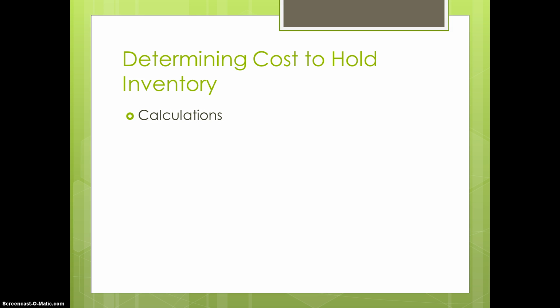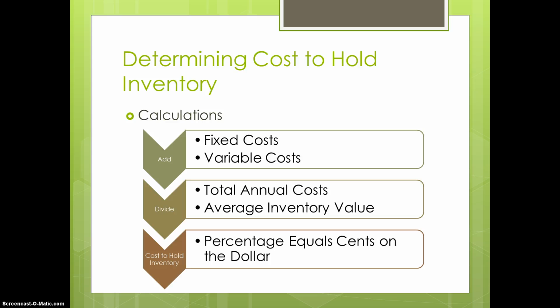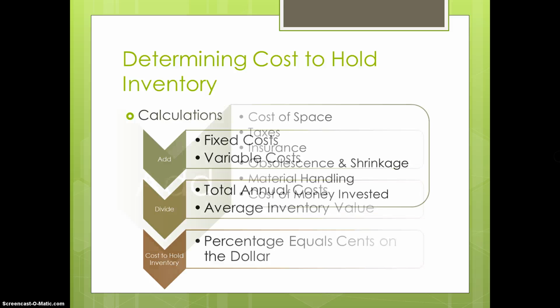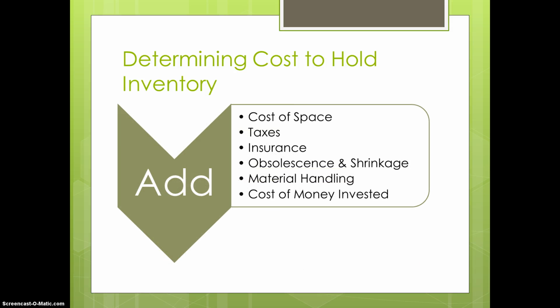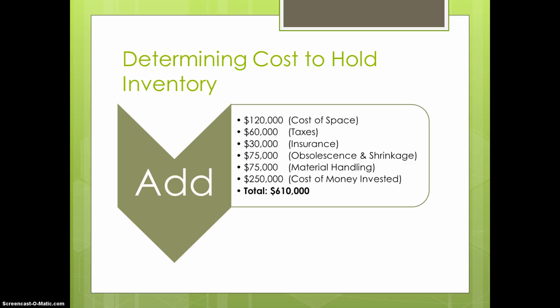In order to determine this cost, you should add your fixed and variable costs, divide this total by the average inventory value, and then the resulting percentage will equal the cents per dollar of your inventory. So, here are some examples of the variable and fixed costs you could add. Once you have this amount, and here are some example amounts, for us, we have $610,000.